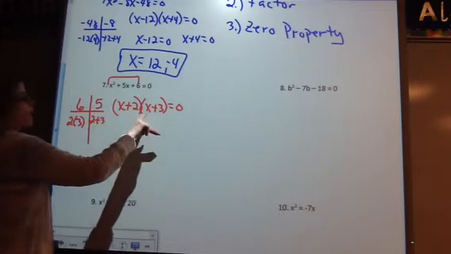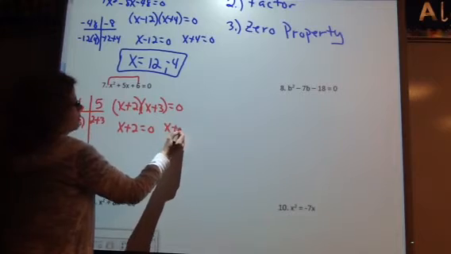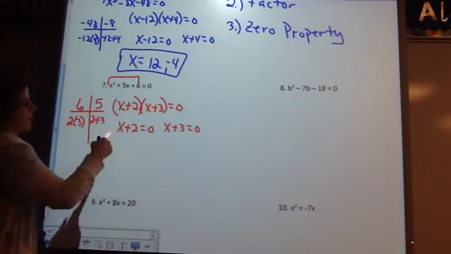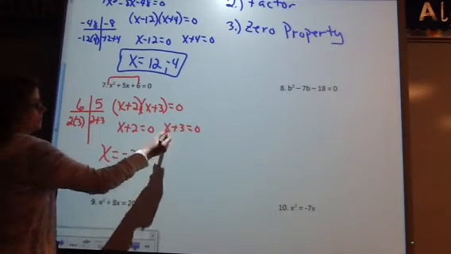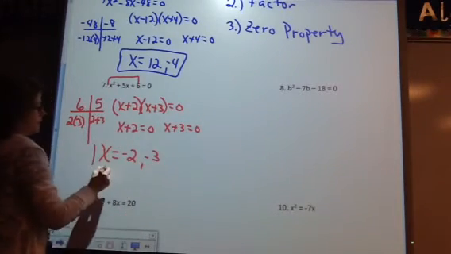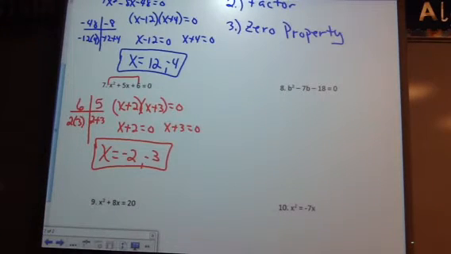All right, now that I factored, I set each binomial to 0, and I solve for x. So x is minus 2 on both sides, and minus 3. Okay?